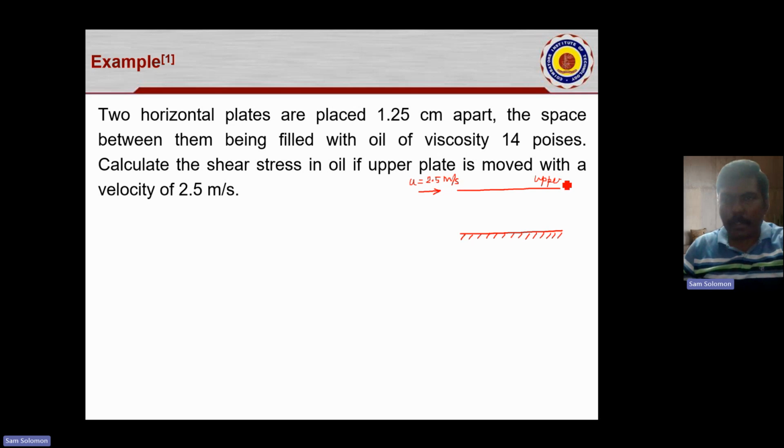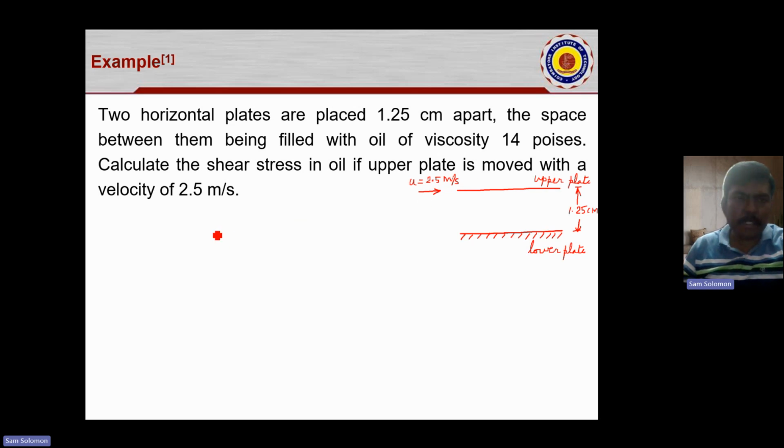So this is your upper plate. This is the lower plate. And the statement says that they are 1.25 centimeters apart. And they have given you the value of the viscosity, which is 14 poises.